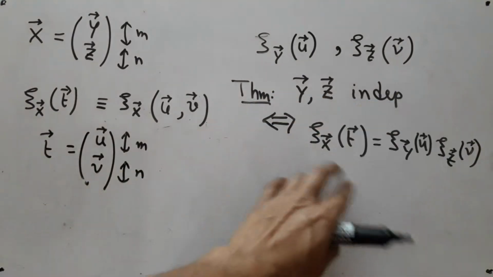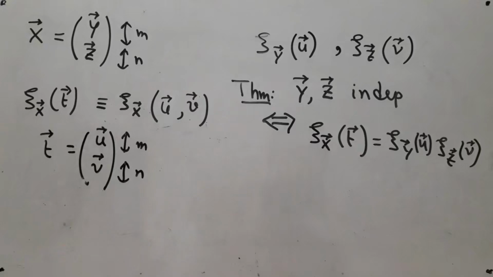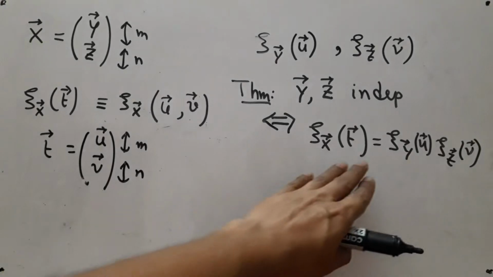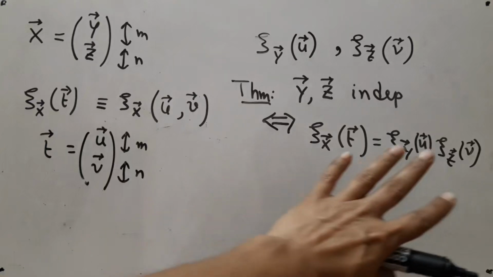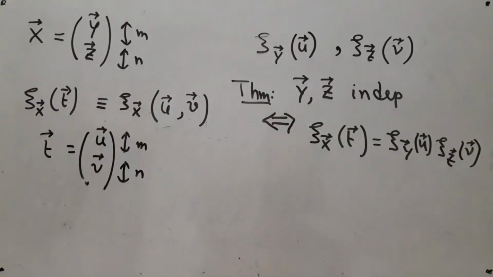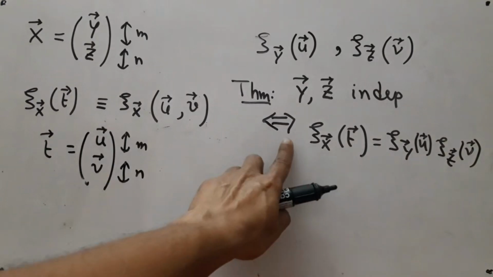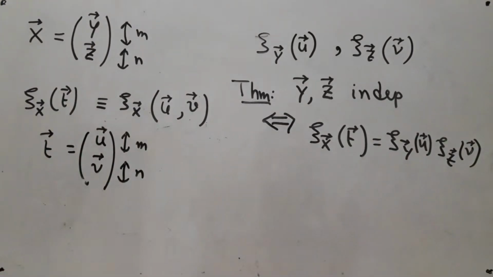If they are independent, the expectation will factorize. Simple. And why does it hold in the opposite direction? Because the characteristic function characterizes the distribution. Once the characteristic function matches, it must have the same distribution. From this we get the other end.